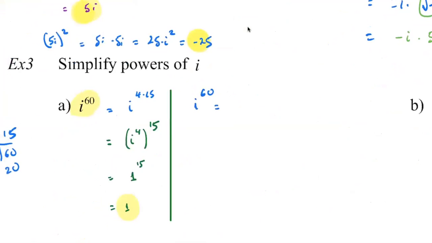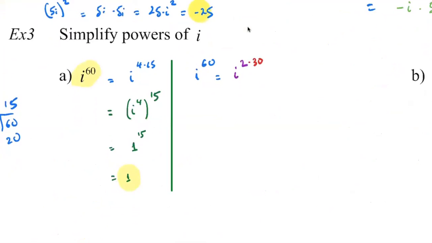So how many times does 2 go into 60? 30 times. And then we can rewrite this as i squared to the 30th. But we know what i squared is: that becomes -1. So we have -1 raised to the 30th power.